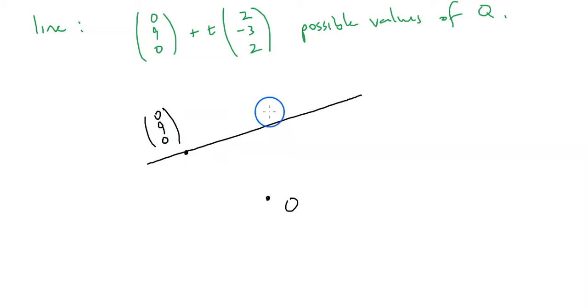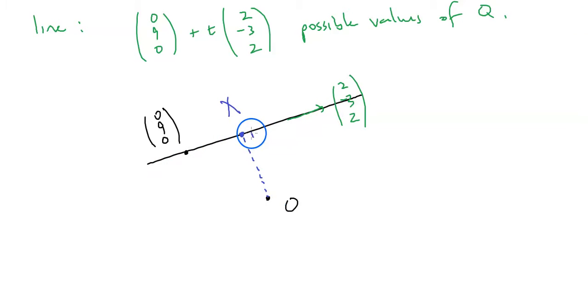And then this is the vector 2, negative 3, 2. Okay, and we're looking for this point X, because that will be the minimum distance.